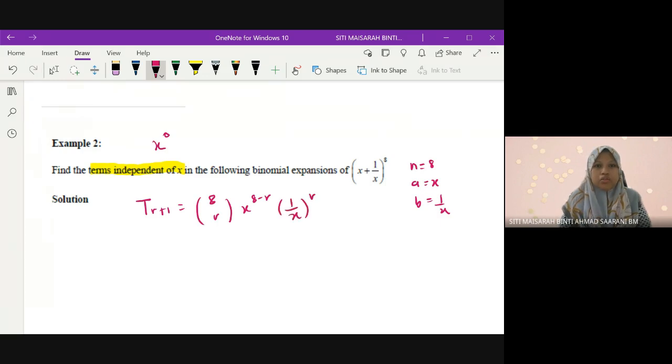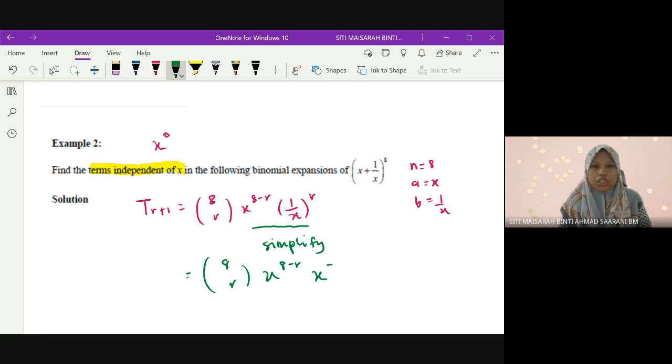Okay. So then bahagian belakang ni kita boleh ringkaskan lagi. We can simplify. So this one is actually yang depan ni 8Cr. This one is become x power 8 minus r. This one is become x power negative r, 1 over x we bawa naik atas. So then it's become x power negative r.